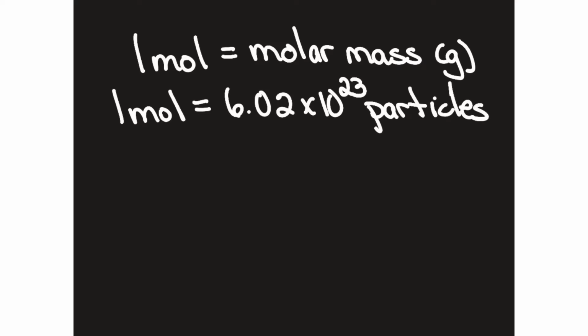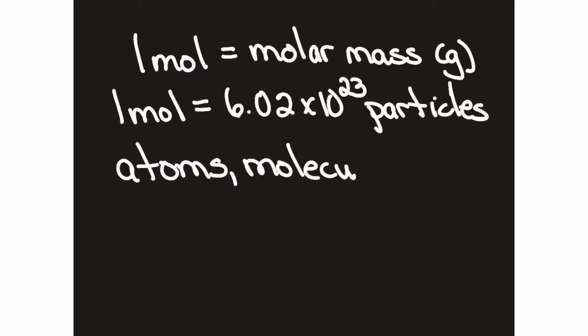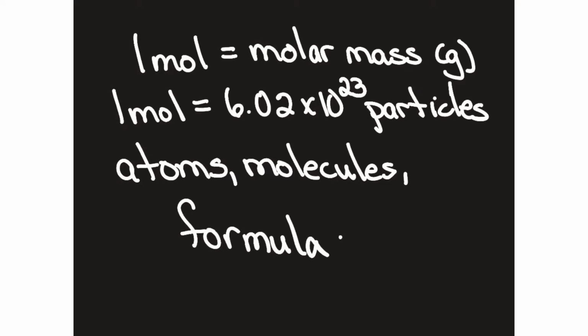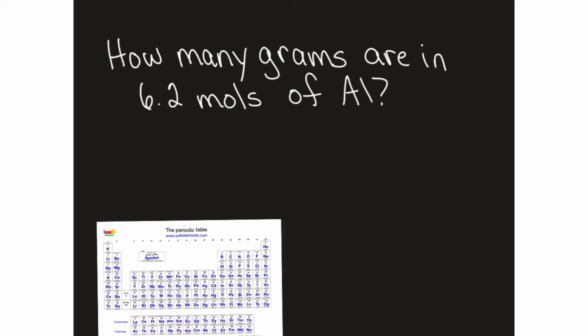Now particles can be atoms if we're talking about elements. It can be molecules if we're talking about covalent compounds, or it can be formula units if we're talking about ionic compounds.